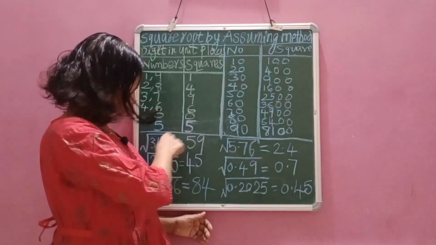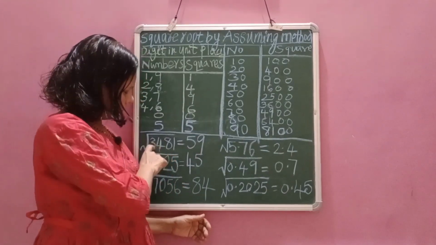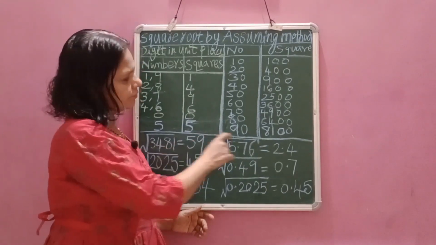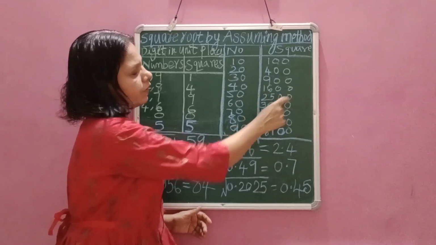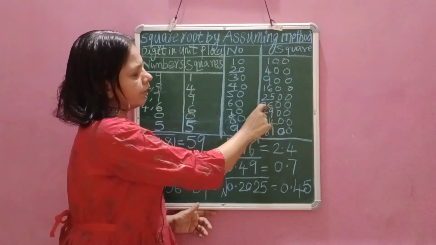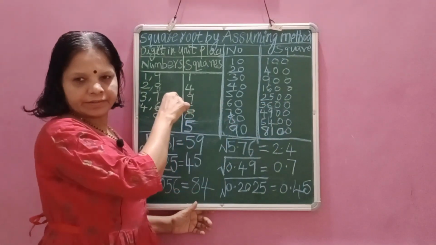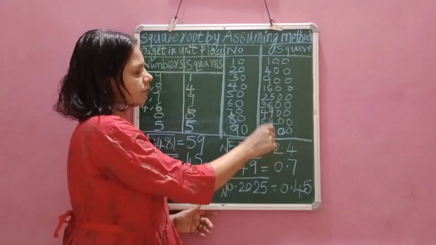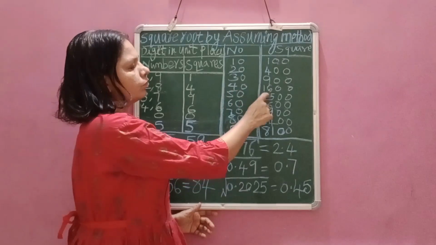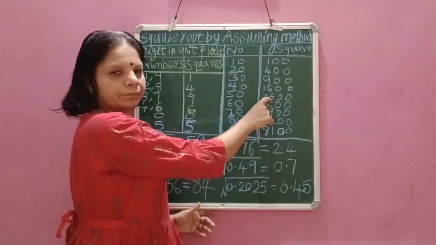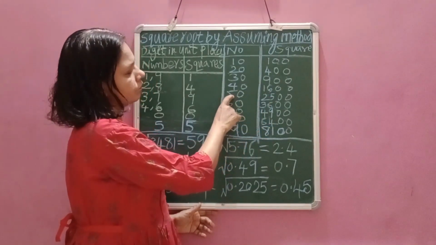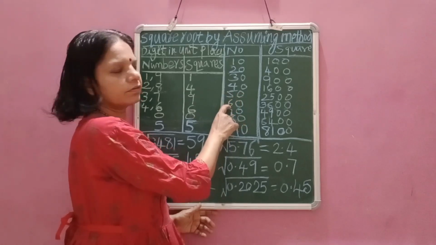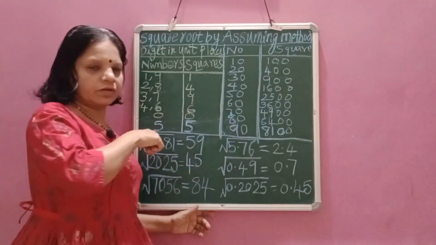3481 lies in between the squares 2500 and 3600. Clear? So the square root will lie in between the square roots of these two numbers, that is between 50 and 60. So that we got.